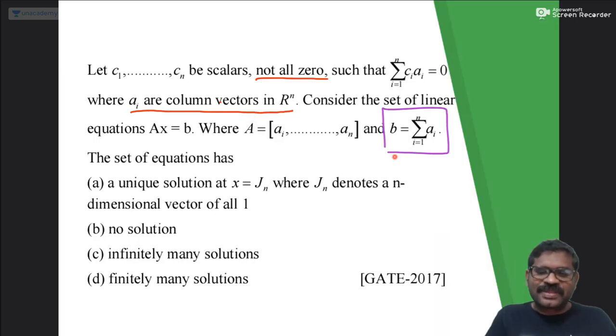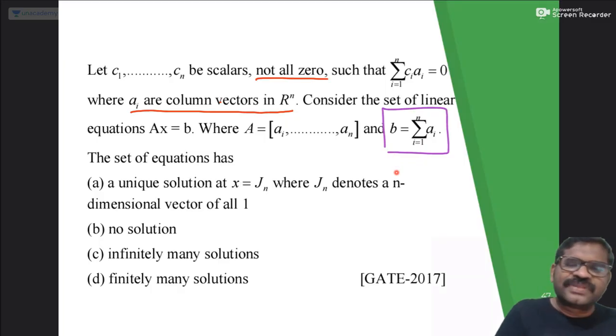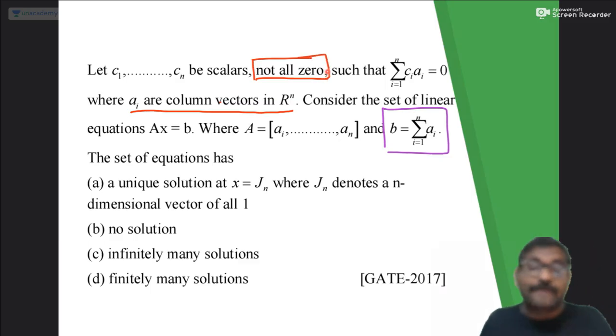Observe. In the problem they have mentioned clearly, C1, C2, Cn scalars, not all zero.